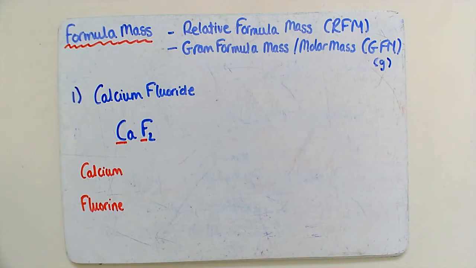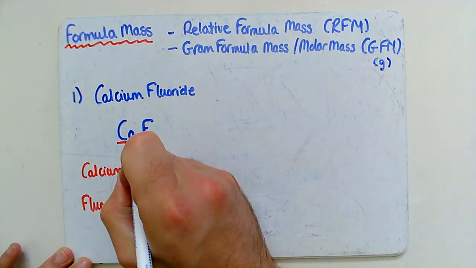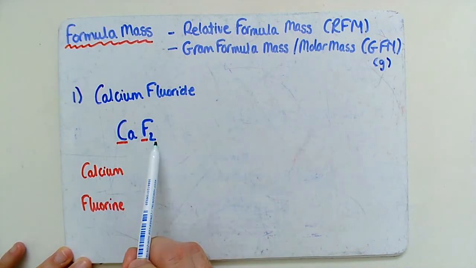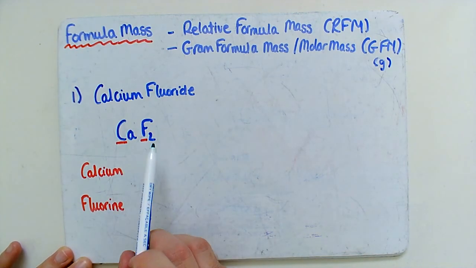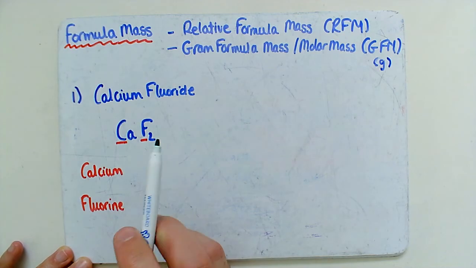The next thing, before we can do anything, is we need to know how many of each type there are. And the way that we do this is we look after the symbol. So we look after the symbol here and here. Now fluorine is quite easy.